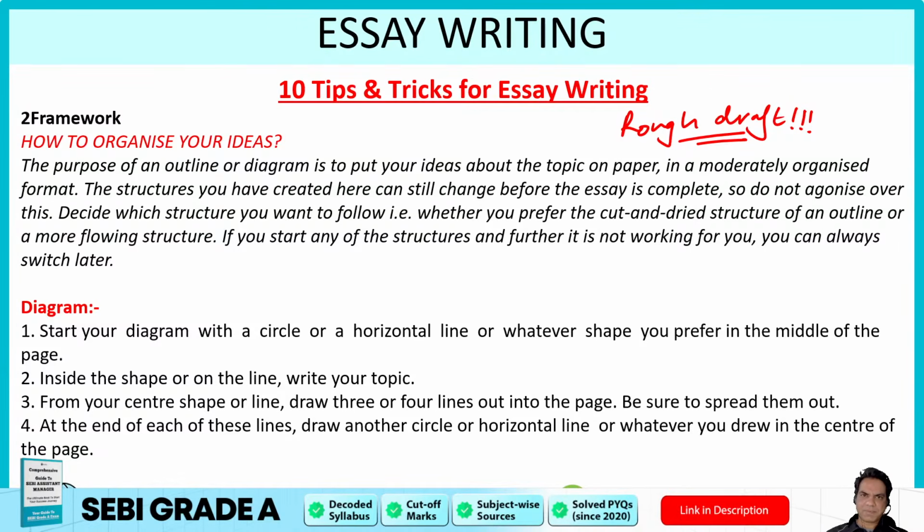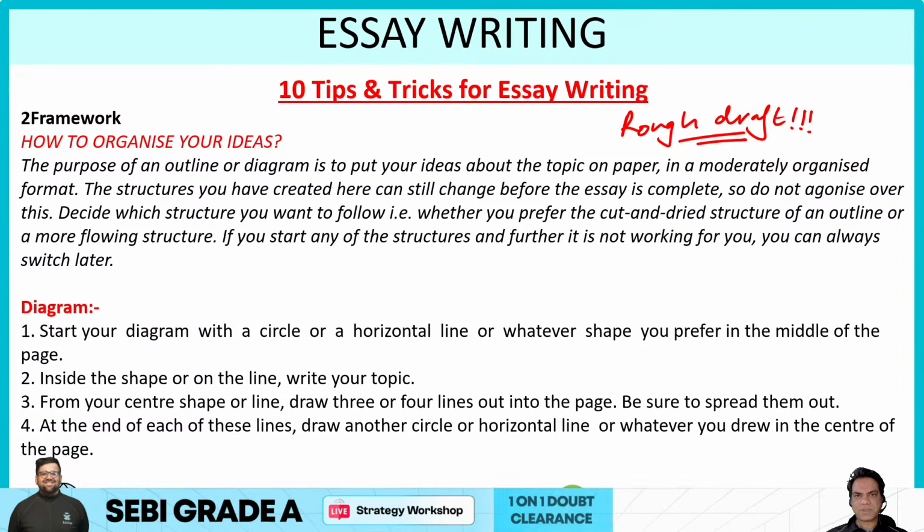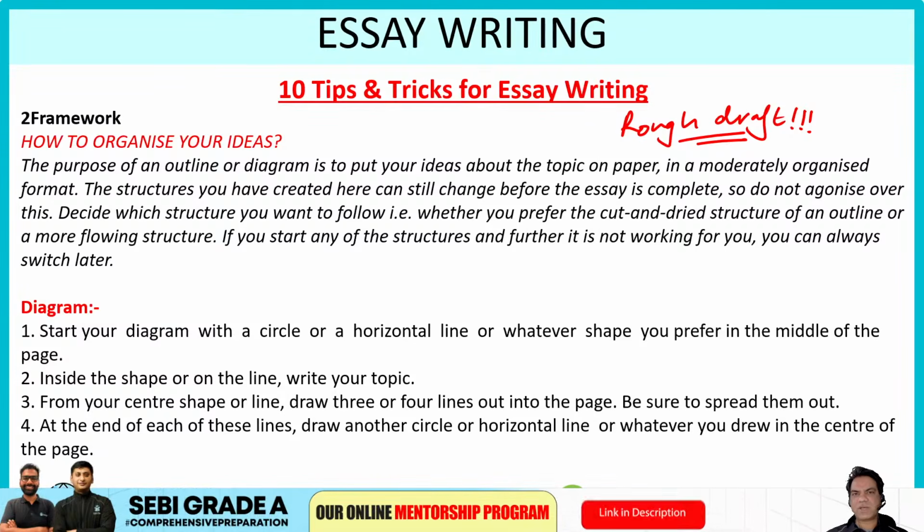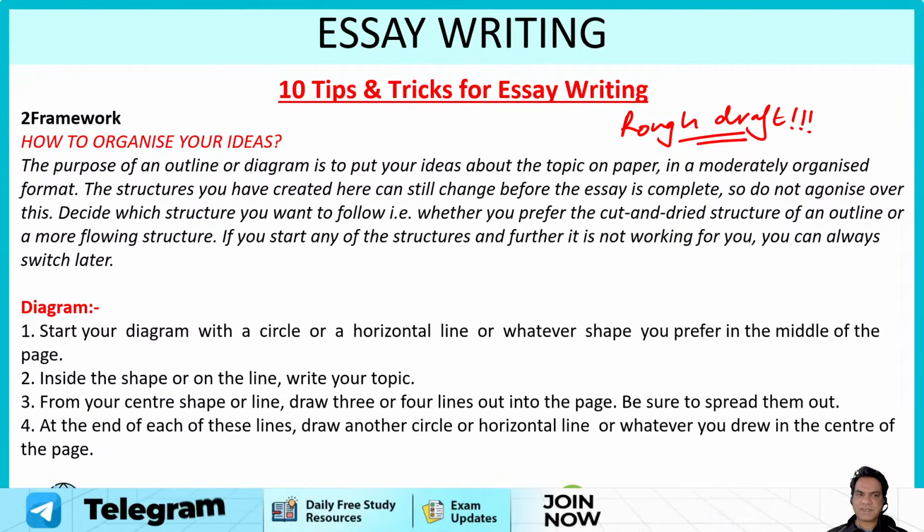Maybe write down the topic in the middle, and then jot down the key points related to the topic around that topic, right? And once you've made a rough draft, then you keep that piece of paper in front of you, and then you execute your essay by looking at that piece of paper and what points you have written in that rough draft.